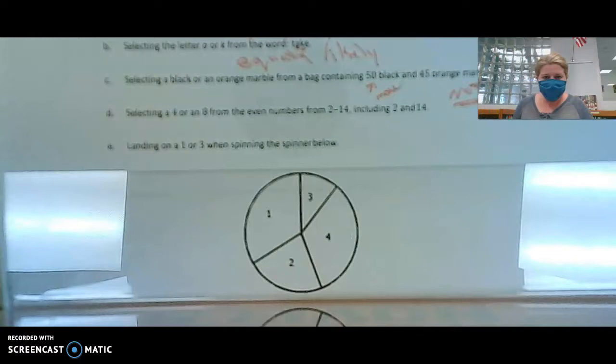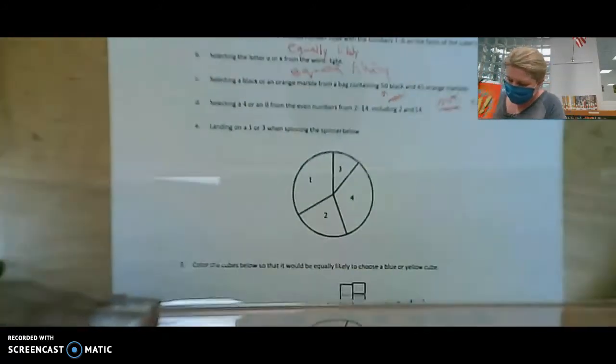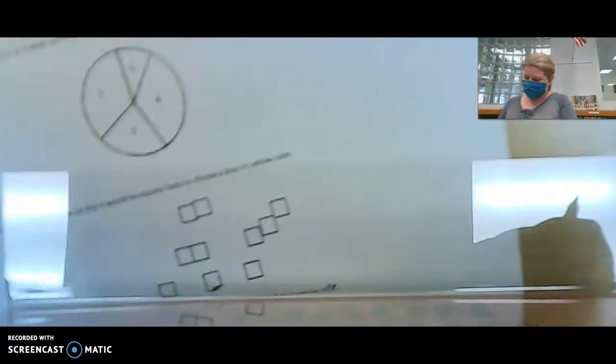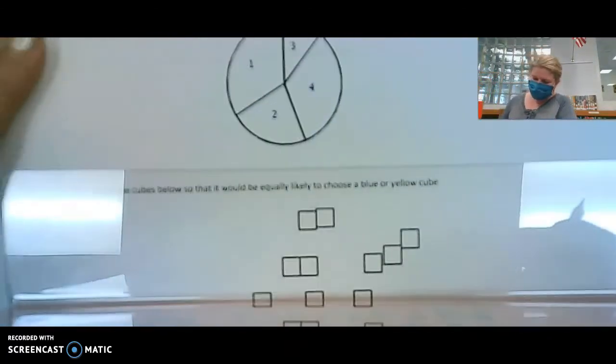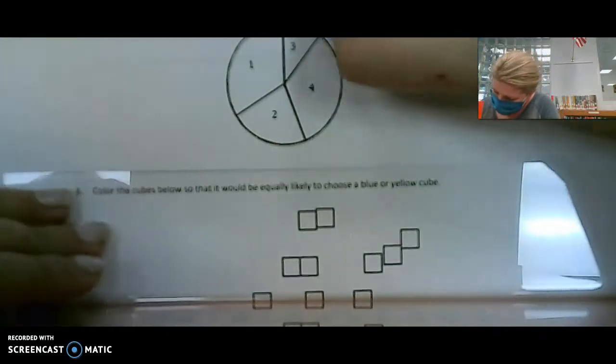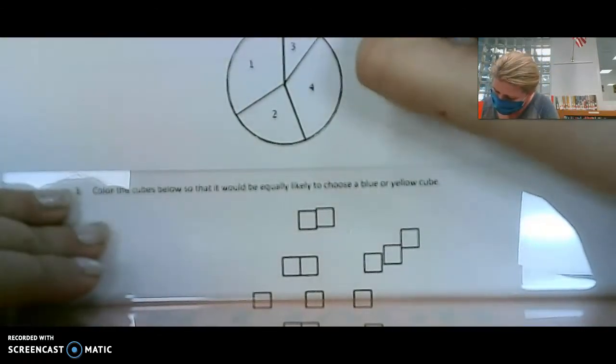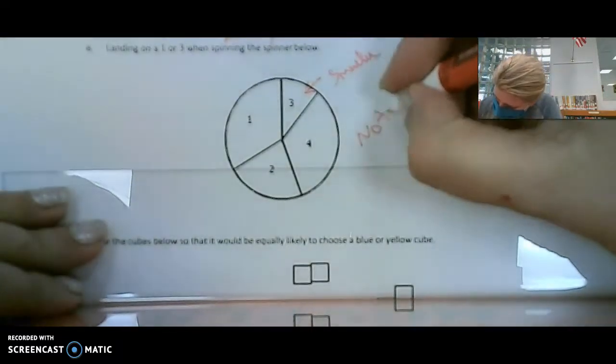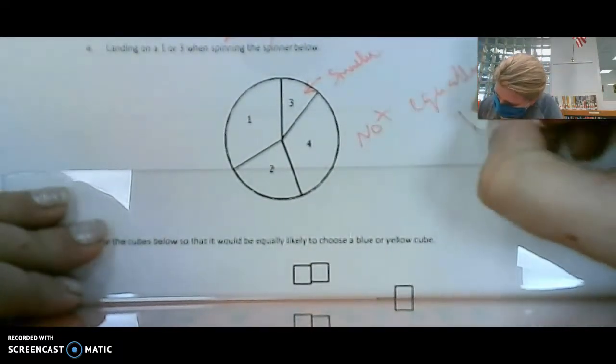Selecting a 4 or 8 from the even numbers 2 to 14, including 2 and 14: 2, 4, 6, 8, 10, 12, 14, there's one 4 and one 8, so that is equally likely. Landing on a 1 or 3 when spinning the spinner, the 3 is a smaller space than the 1, which means this is not equally likely.